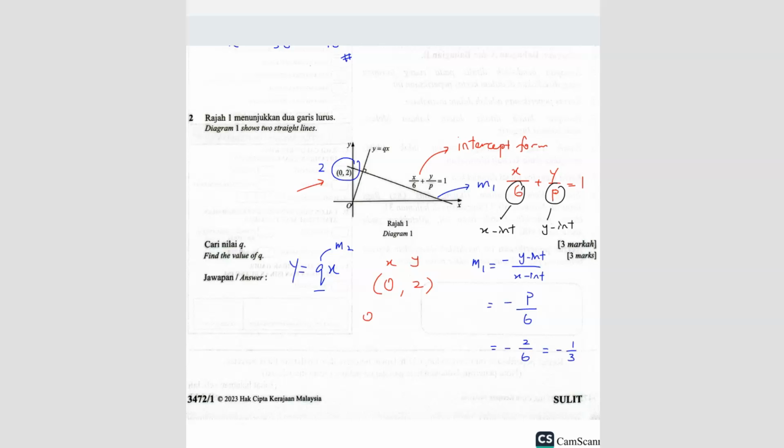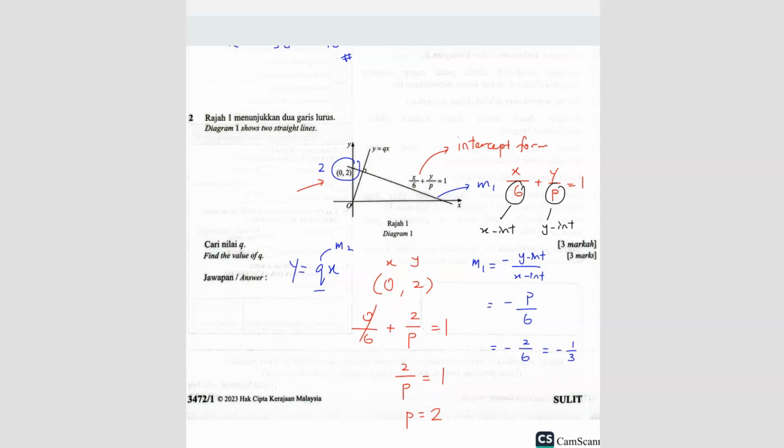So you can do 0 over 6 plus 2 over p equals 1. Okay, so this one becomes 0. So 2 over p equals 1. So p equals, you can just switch places here, so equals 2. Okay, so that's how I got the p value as 2.